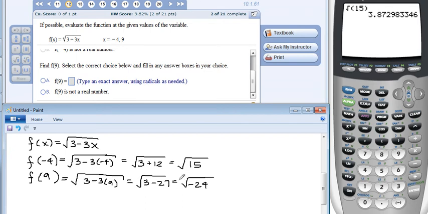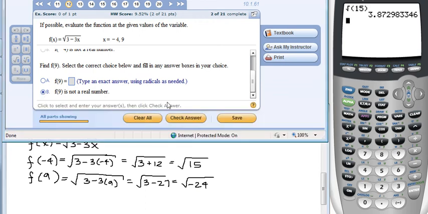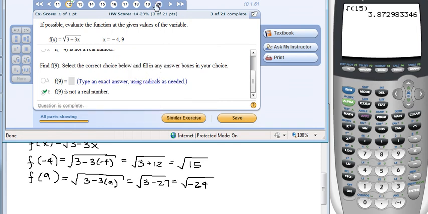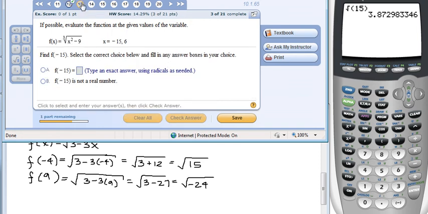I've got an even index. I can't take the square root of a negative number, so this is not real. Okay, so that will be in the complex world. You just have to be careful about those. All right. Same thing here. We've got the cube root, and we're going to evaluate. All right. Let's try one of these.